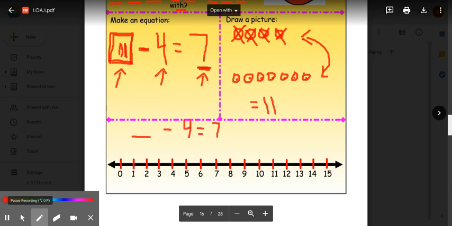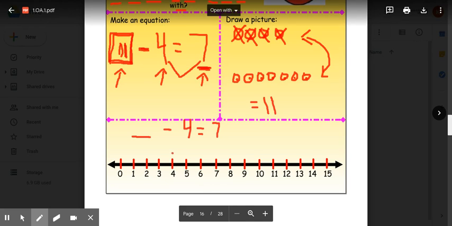Ready? Pause. Now, when I drew my picture to solve, I took the 4 magnets that her sister took away and the 7 magnets she had left, and I added those 2 together. So 4 plus 7, which I can also do on my number line.